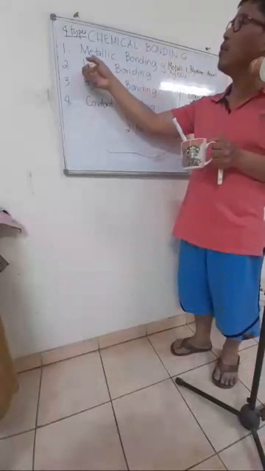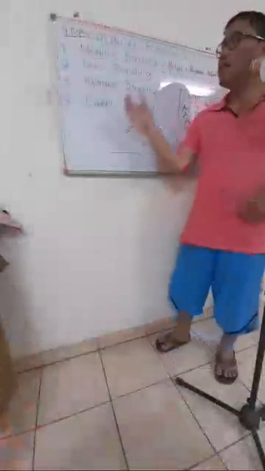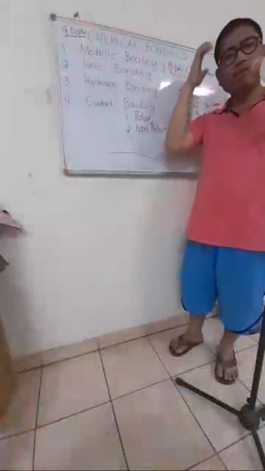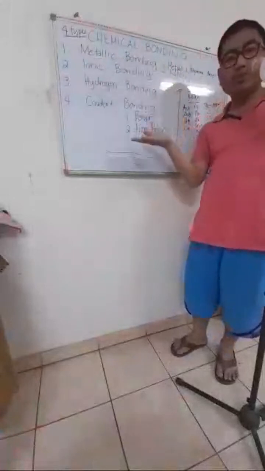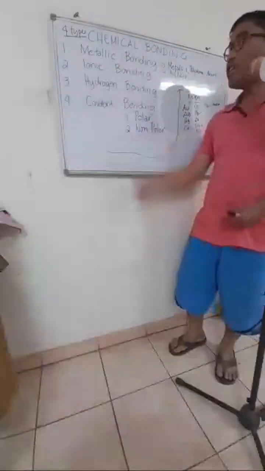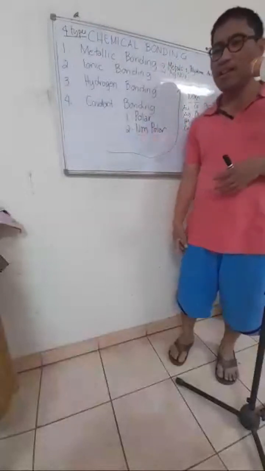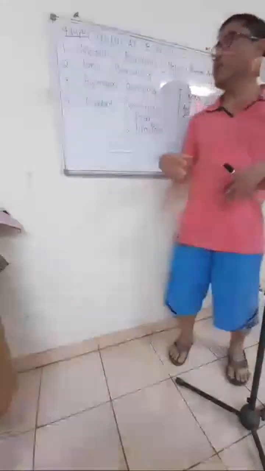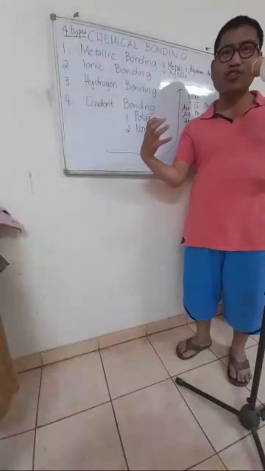Okay, number 2, ionic bonding. What is ionic bonding? Investigate the terminology first, based on our understanding. Ionic, so it has to do something with ions. Ions-driven bonding. You can make your own definition: a bonding driven by ion interaction.